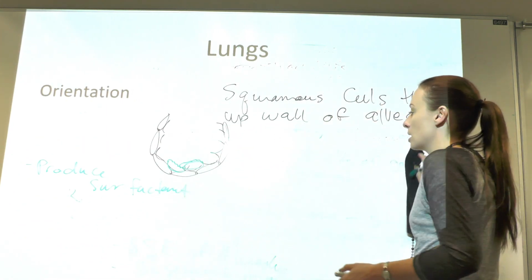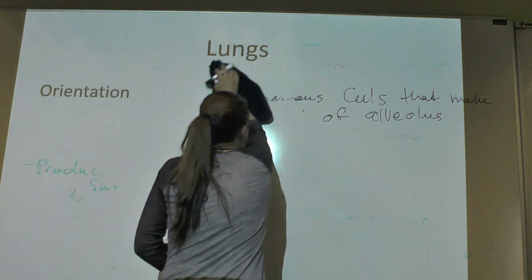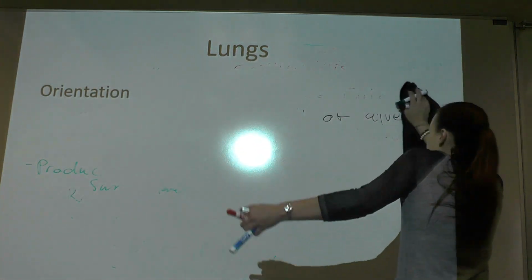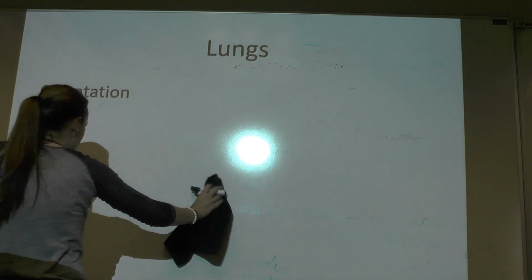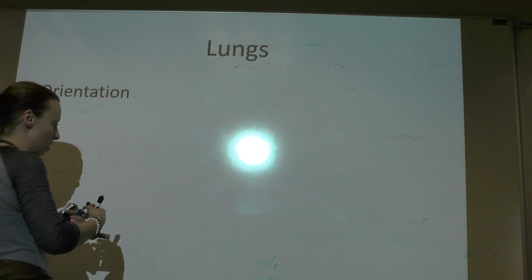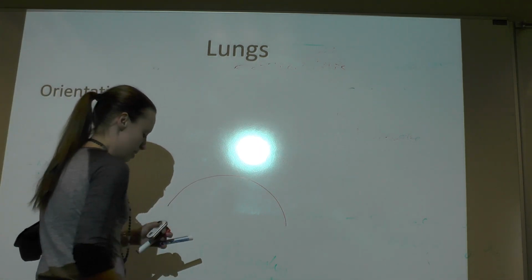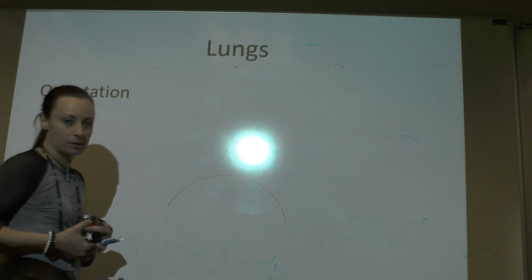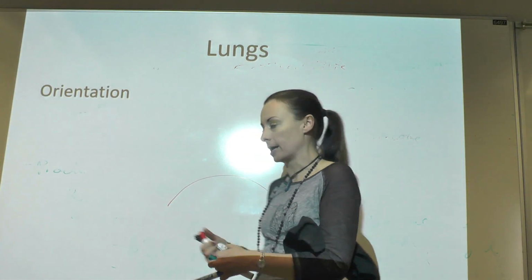Okay, so our lungs. What is their orientation? Well, they are in the thoracic cavity, superior to the diaphragm. In fact, they're sitting on the diaphragm. Our respiratory diaphragm is that dome-shaped muscle that splits your ventral cavity into the thoracic and abdominopelvic cavities.